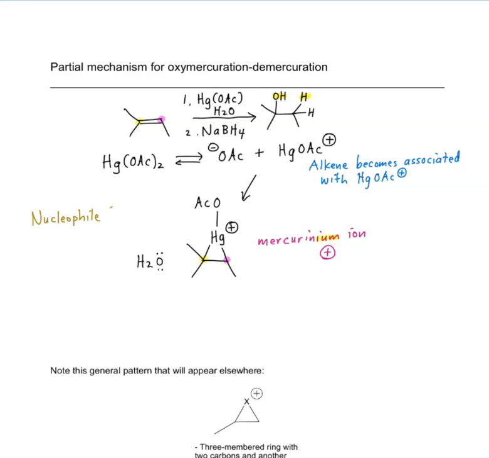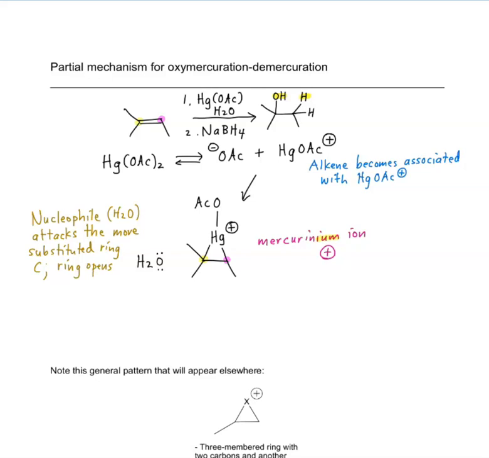The nucleophile, in this case, is water. So it's the thing that's supplying electron density. It's going to attack the more substituted ring carbon, and the consequence of that is that the ring is going to open.